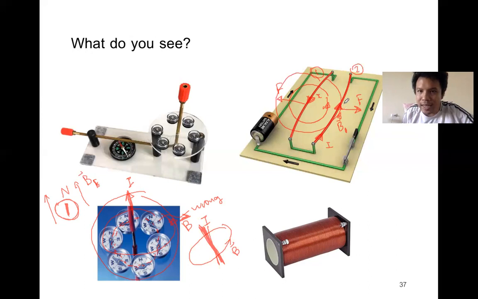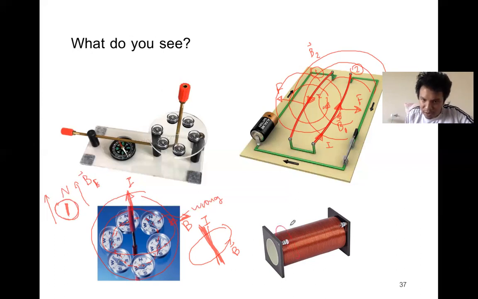And the other way around, the current in wire 2 is also generating a magnetic field around wire 2, and when wire 1 is within the magnetic field B2 from wire 2, there is also a force acting on wire 1. So it looks like they have force acting on each other, but that is not a direct force. That is the force from the magnetic field of each other.